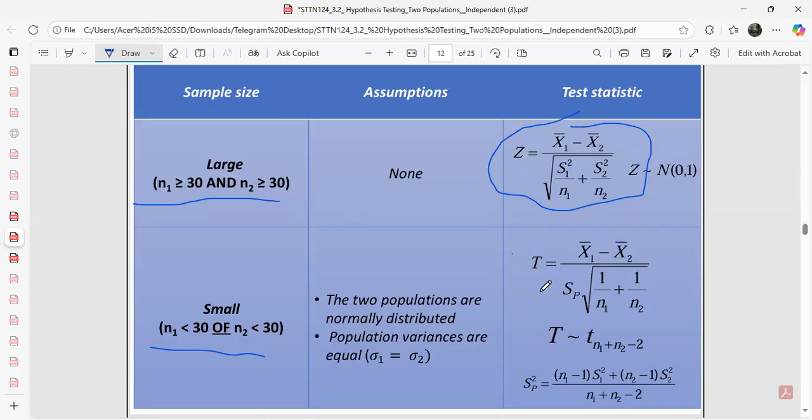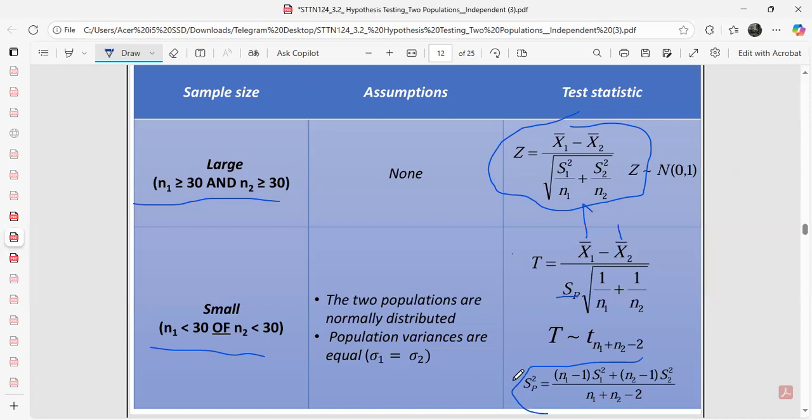When you use the t and look at this formula, you'll be given these values, but you won't be given SP. To get SP, you need to use this formula. You will be given the standard deviation 1 under population 1, the standard deviation 2 under population 2, and n1 and n2.